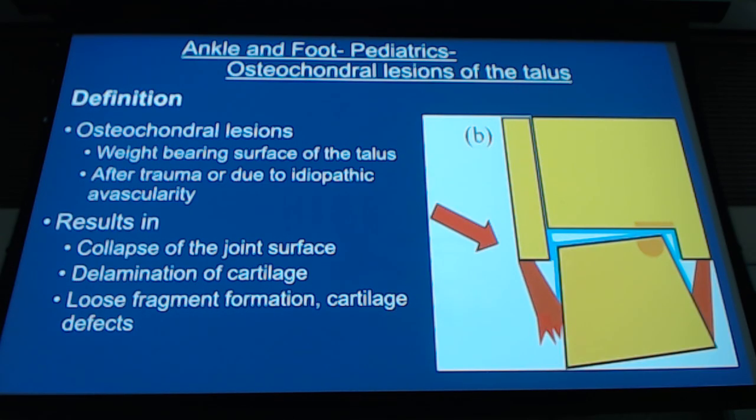Let's talk about osteochondral defects of the talus. So, we talked about the talus being a significant weight-bearing bone in the foot. As a matter of fact, the talus during the push-off phase, or during the stance phase on any particular foot, is nearly 100% of the body weight.